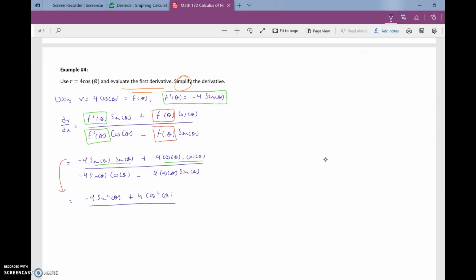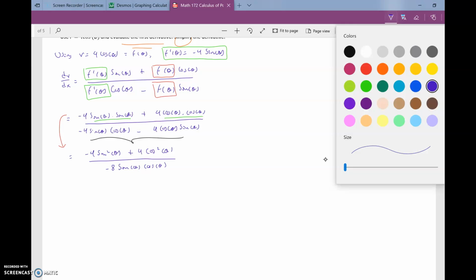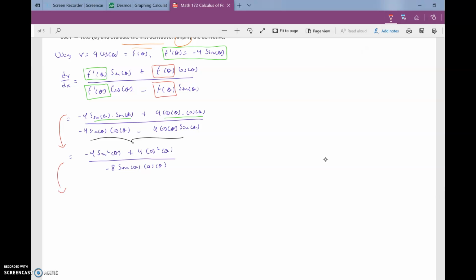and then the actual denominator, we happen to have like terms. So in this case, you're going to get a negative 8 sine of theta and cosine of theta. And then let me factor a 4 from the top, and we're gonna have to be looking at some identities to simplify this one.